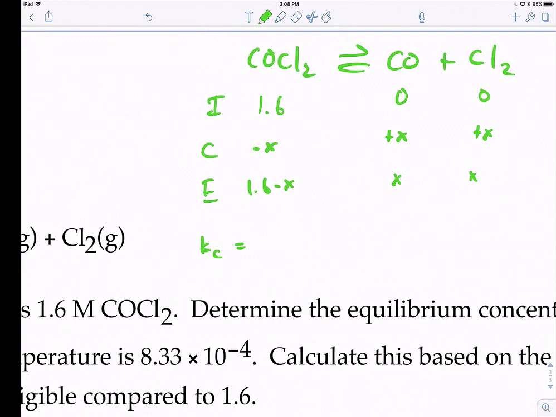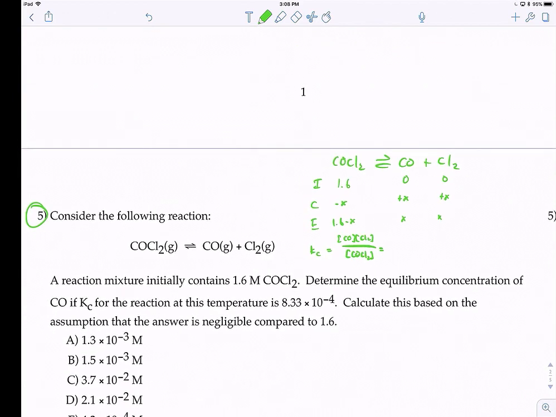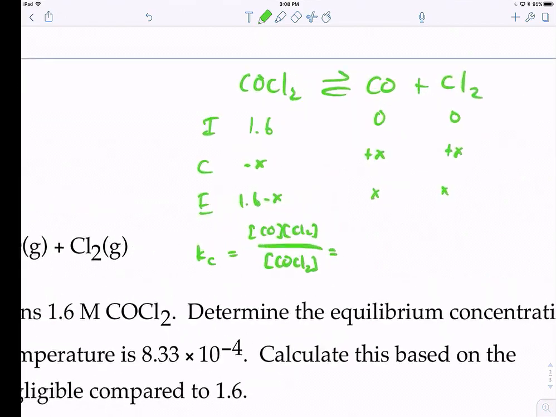Kc equals CO, Cl2 over COCl2. What is it? Kc, okay. What's that?